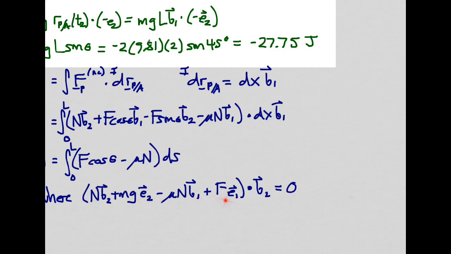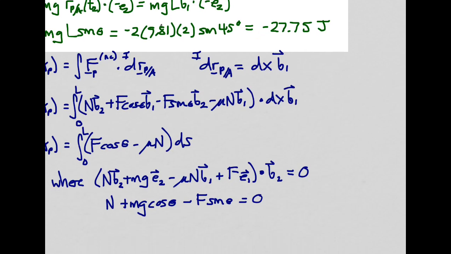And so we take all the forces, we dot it with that particular direction, we set that equal to 0, and we come up with the expression of n plus mg cosine theta, because E2 dotted with B2 is cosine theta. B1 term drops out, minus f sine theta, because E1 dotted with B2 is negative sine theta. You'll see that in your transformation table, that's equal to 0.